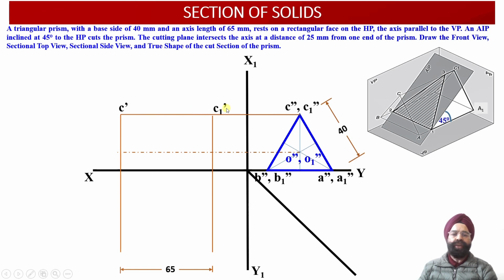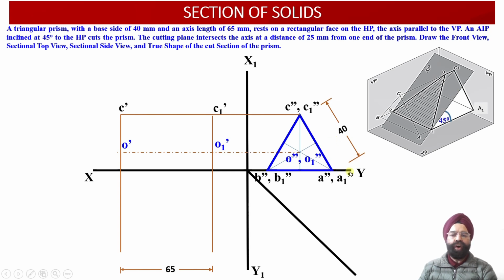Similarly, corresponding to the right side face, the projection of the point C1 double dash will be obtained as C1 dash, and the distance between C dash and C1 dash will be equal to 65 millimeter. Similarly, the next point available in the front view is the axis point. So O dash is the axis point on the face ABC, and O1 dash is the axis point which is going to lie on the face A1, B1, C1.